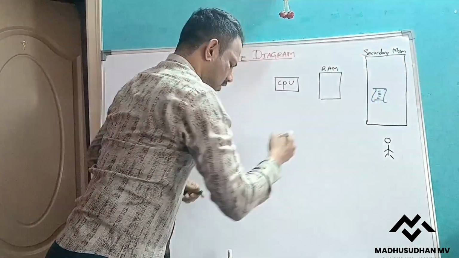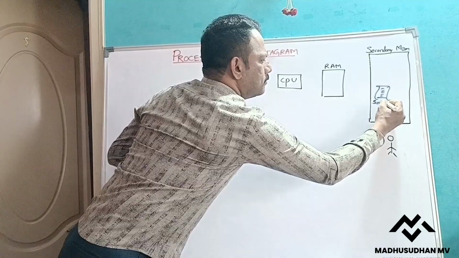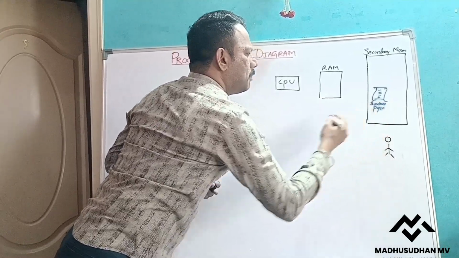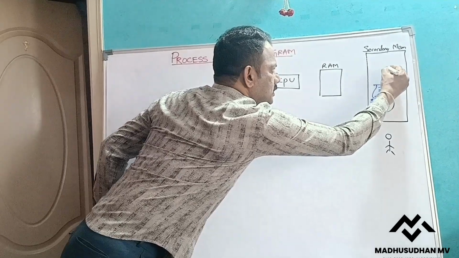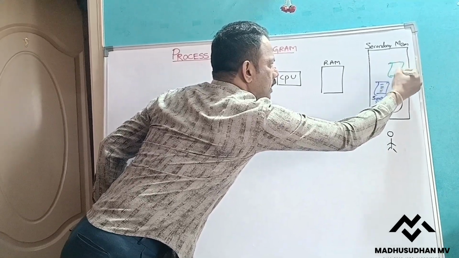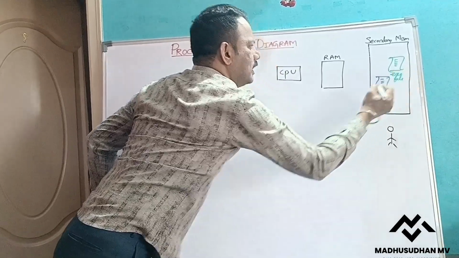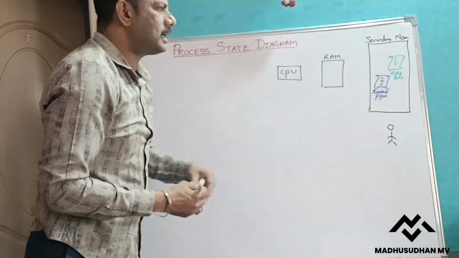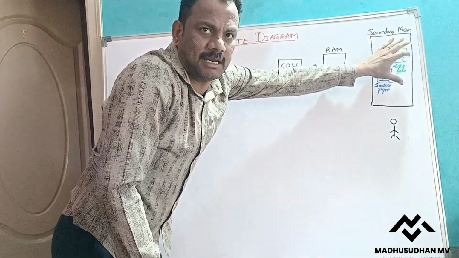This is my original source program, and it gets converted into a separate file called an exe file, the executable file, which is also stored in our secondary memory.